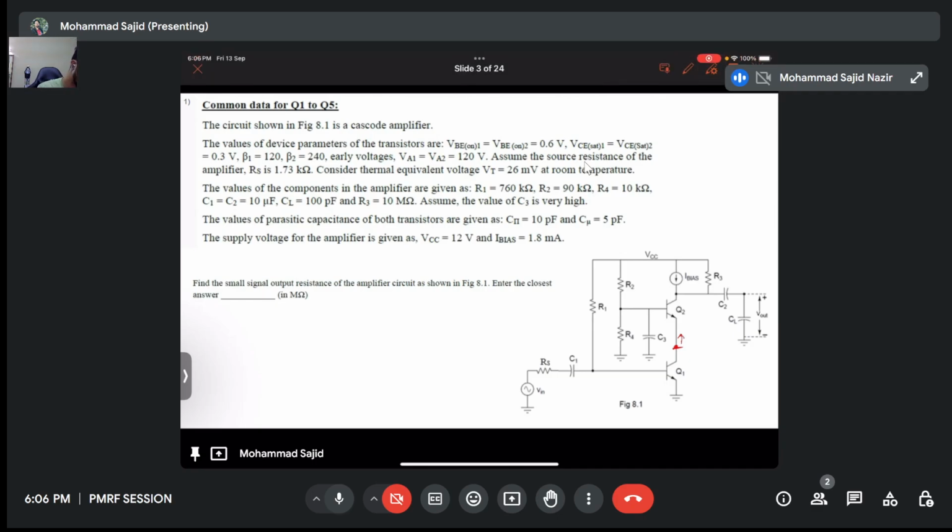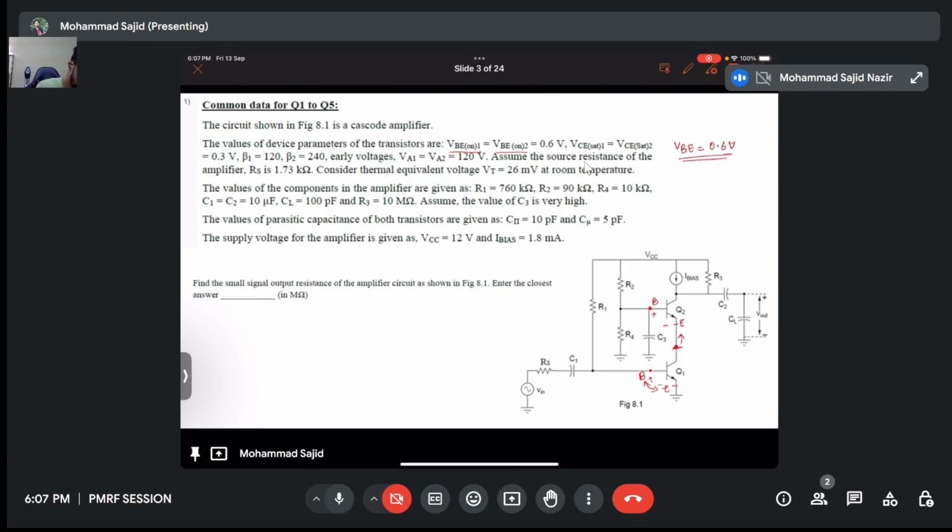The parameter values which we will require in solving these questions are given. VDE on, that is, this is my VD, this is my E, so this VDE is given, and this VDE is also given, and it's equivalent to 0.6 volt.